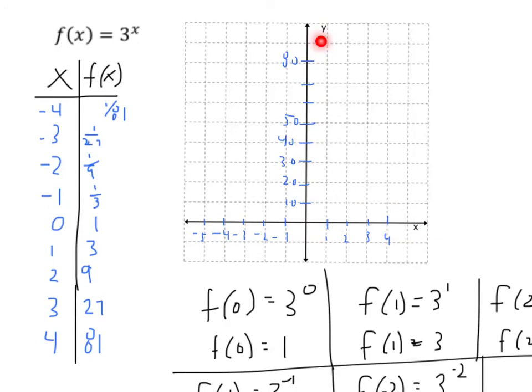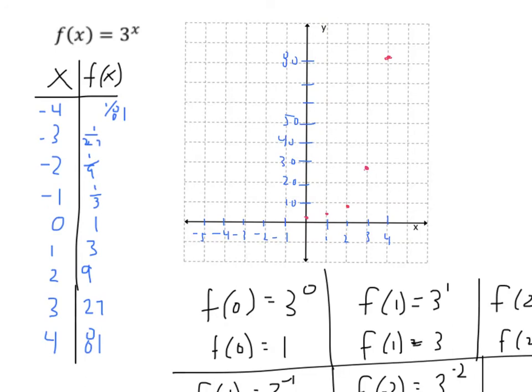Let's go ahead and graph these. I have the input-output pair 0, 1, so that would be somewhere here. I skipped 1, 3, which is about here, 2, 9, which is about here, 3, 27, it's over here, and then 4, 81, it's going to be way up here.